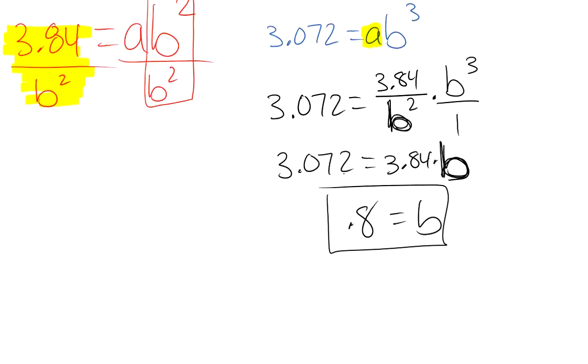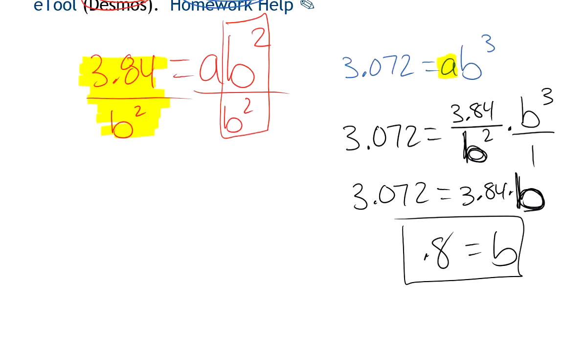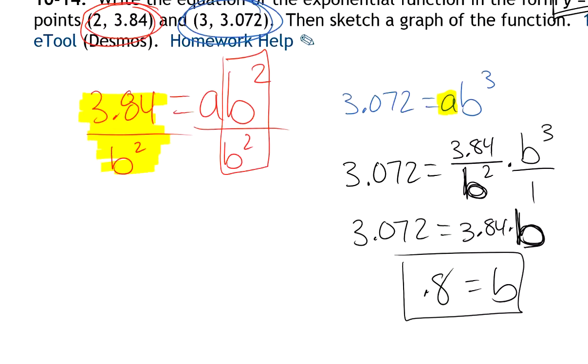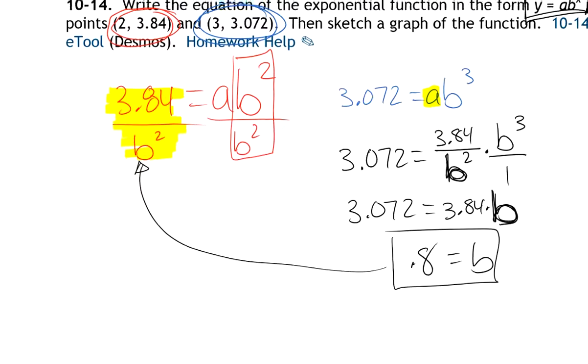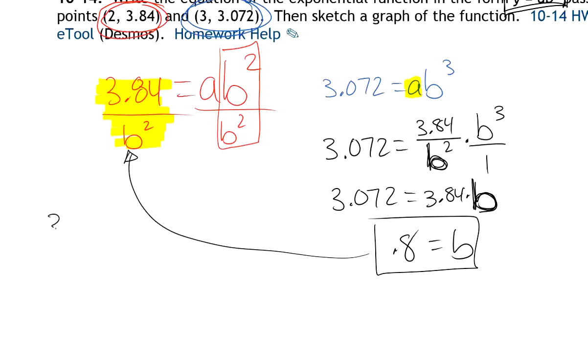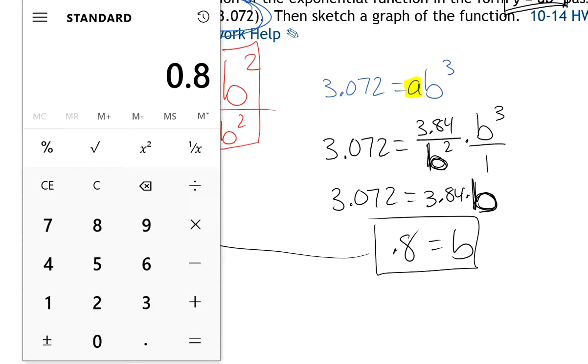Now I just need to figure out what my zeroth term is, and there are two equations I can use to figure that out. But what I'm going to do is take this value of b and plug it into this expression. So I'm going to take 3.84 and divide that by 0.8 to the second power, and that will give me exactly a. Let's see if I can do that with the calculator.